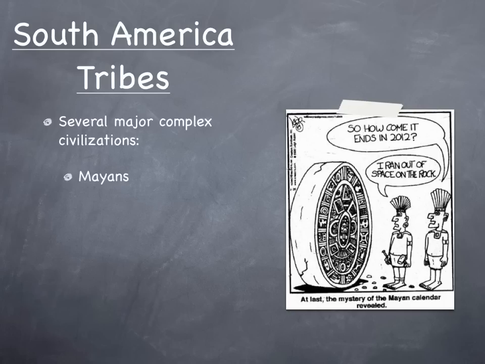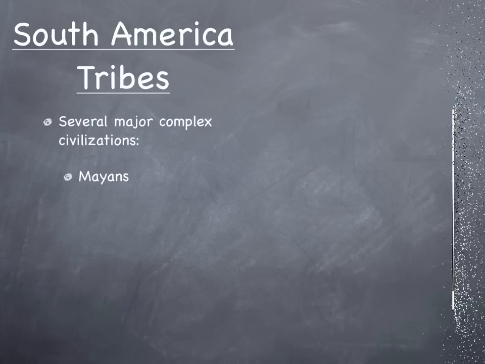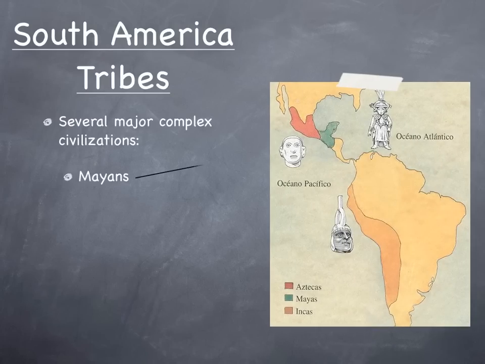Most of you have probably heard of the Mayan calendar and all that doomsday stuff. I like this little cartoon because it definitely shows the reality of why the Mayan calendar ends, which is mainly because the culture dies out, and so they quit doing the calendar. It just ends. But let's look at it from the map perspective.